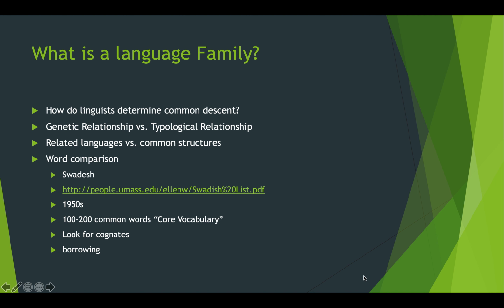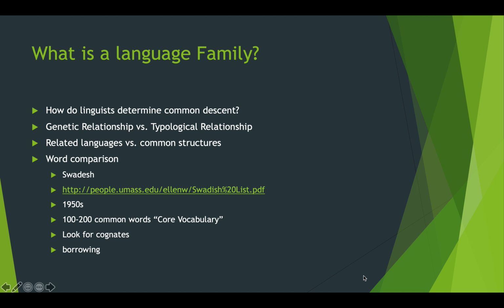One way that linguists in the past have worked to show if languages are related is they've done what's called a word comparison. The word comparisons were designed by a linguist named Swadesh, and there is a list of words. It was created in the 1950s. There's anywhere from 100 to 200 common words known as the core vocabulary.